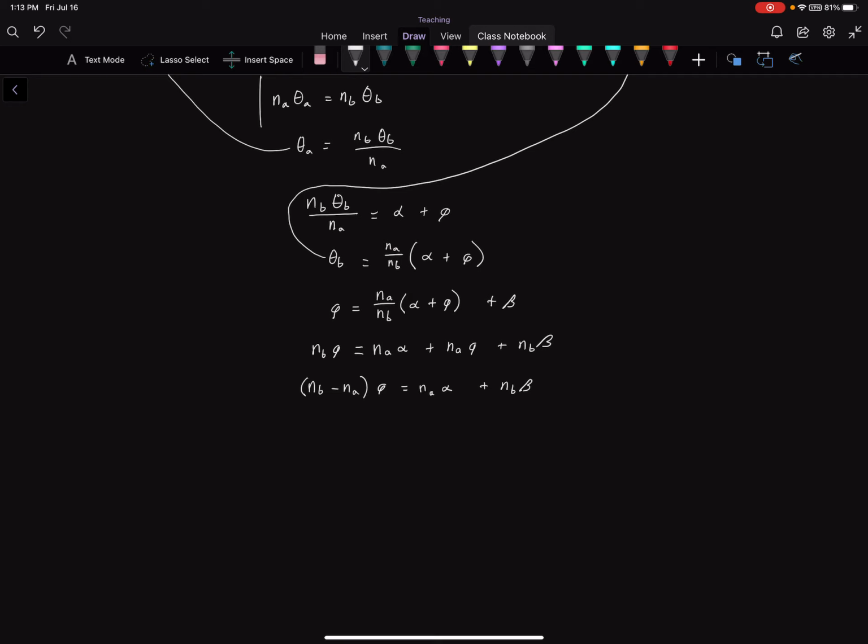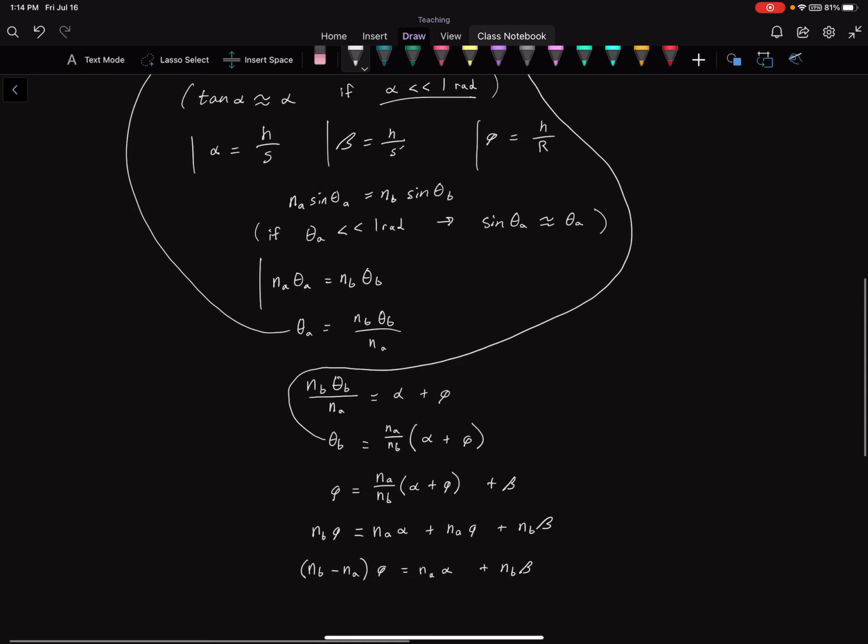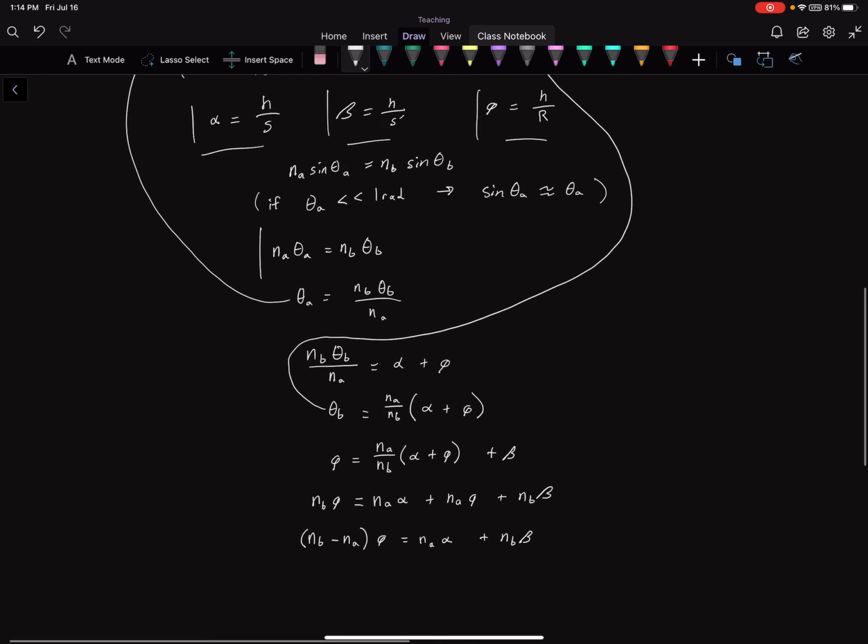So take our small angle approximated tangent expressions for alpha, beta, and phi, and we're going to plug them into the equation that we just arrived at. So now we're taking this one, and that one, and plugging them in, right?